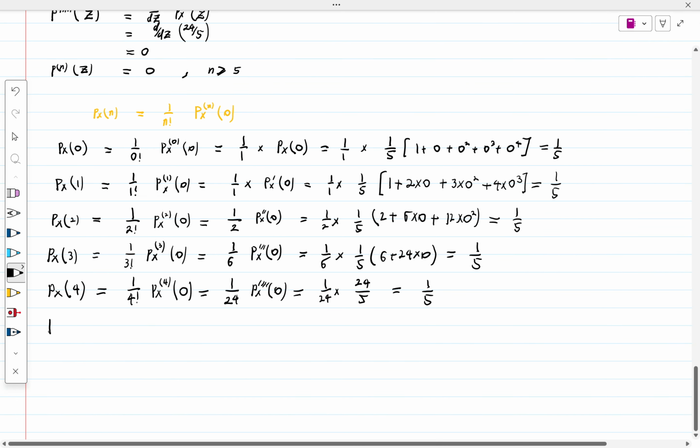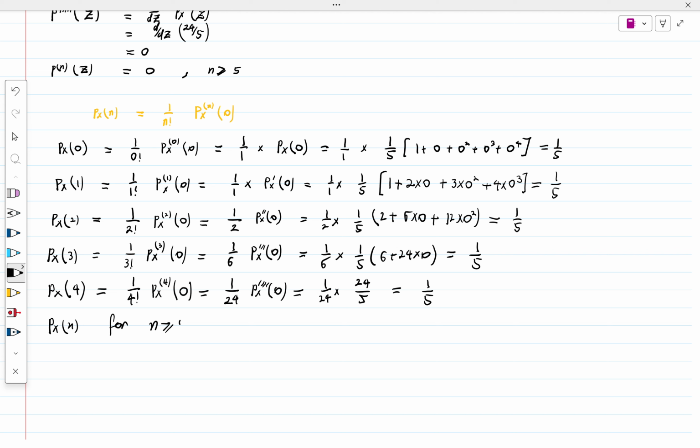And if we were to take P_X(n) for n greater than or equal to 5, it would be simply equal to 0. Why? Because the nth derivative, evaluated at 0, is 0 when n is greater than or equal to 5. And therefore, we've found our probability mass function.